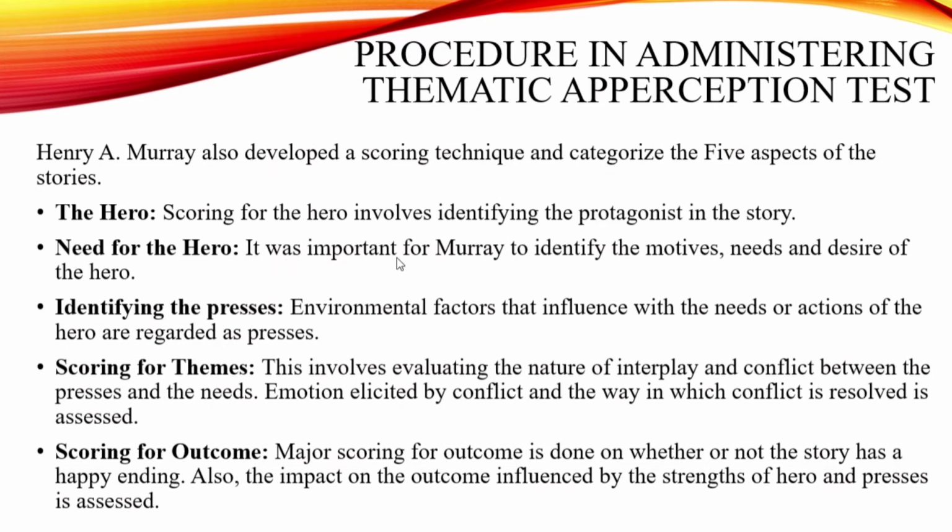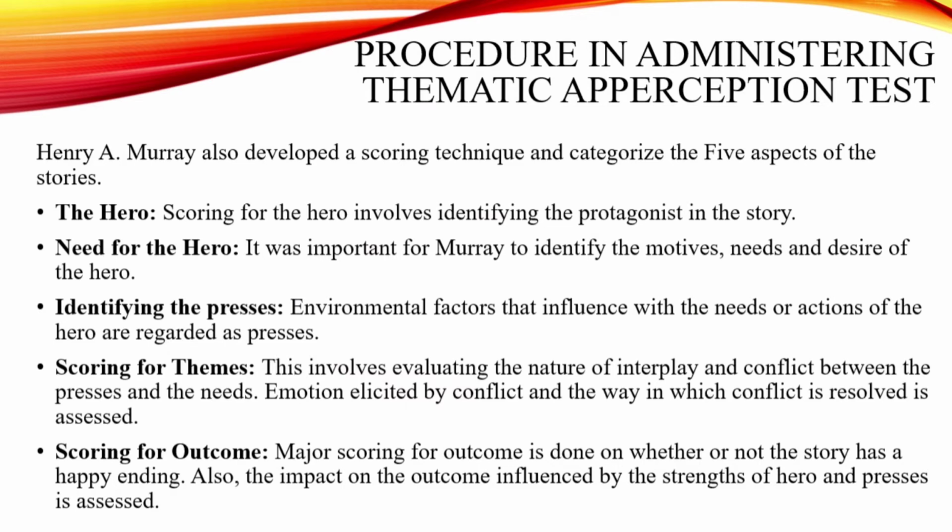It was important for Murray to identify the motives, needs, and desires of the hero. What are the needs of the hero? Then, identifying the presses. Presses mean external influences. Environmental factors that influence the needs or actions of the hero are regarded as presses.